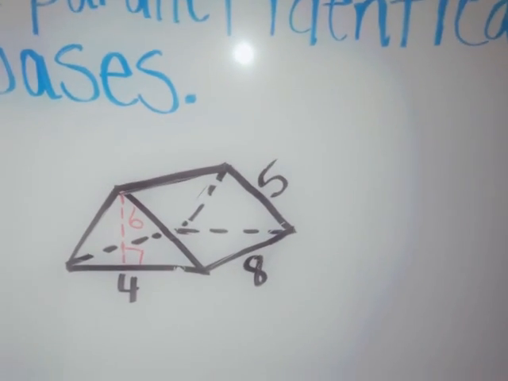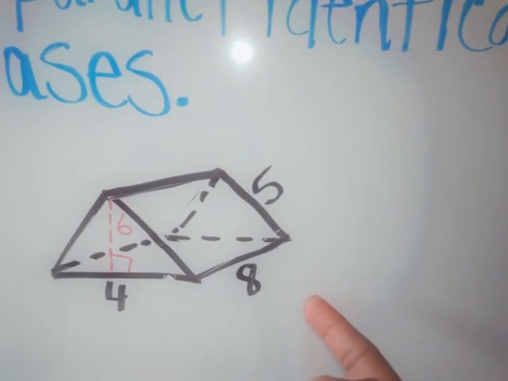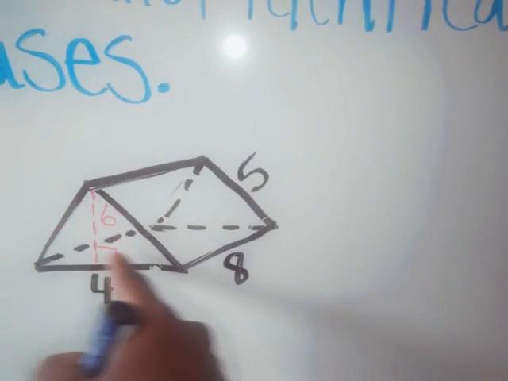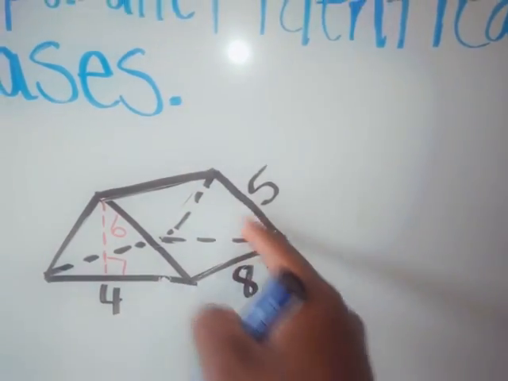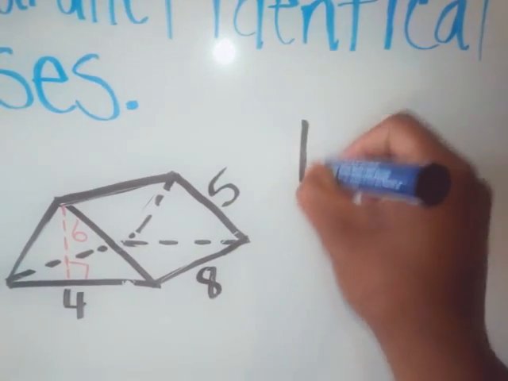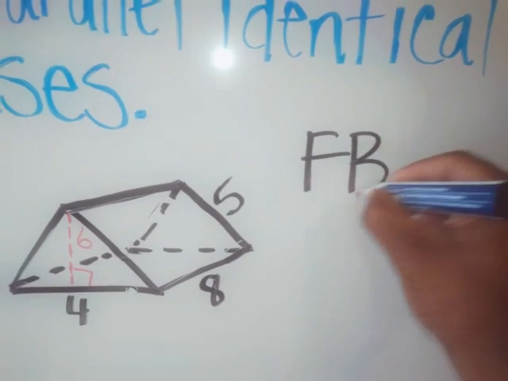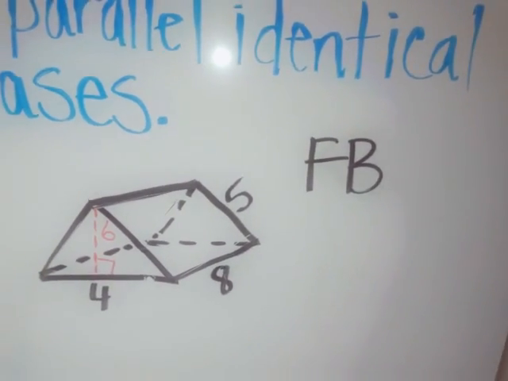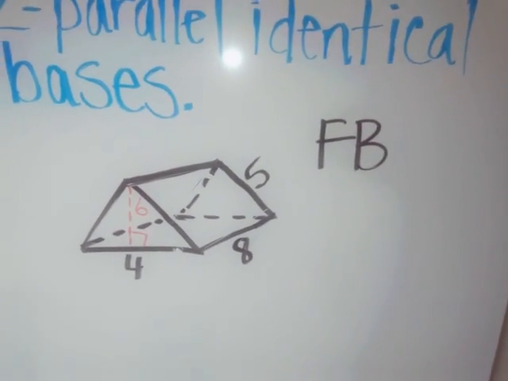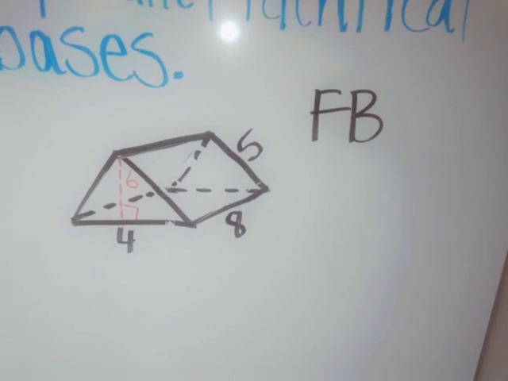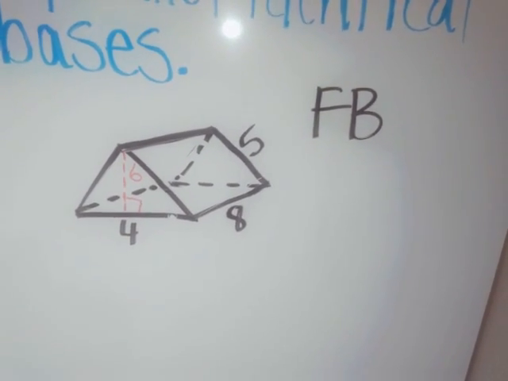So let's do the ones that we do see identical. We have an identical front, identical back. So we can go ahead and write FB for front and back, which are the same, which means we need to multiply by 2.